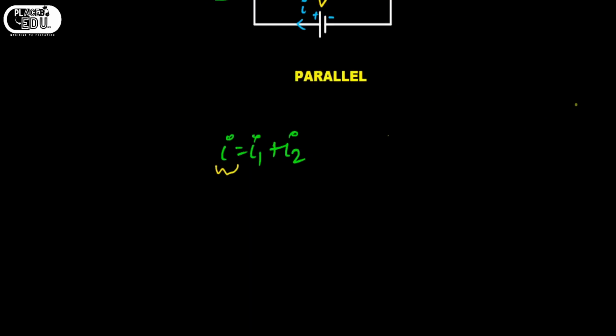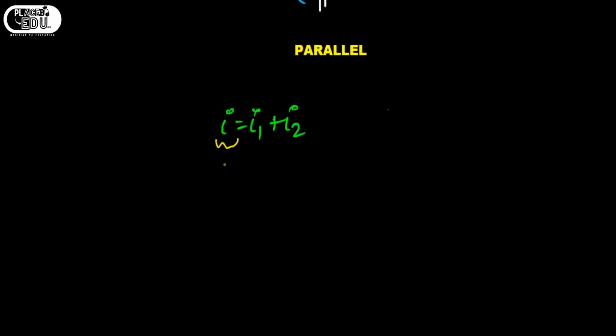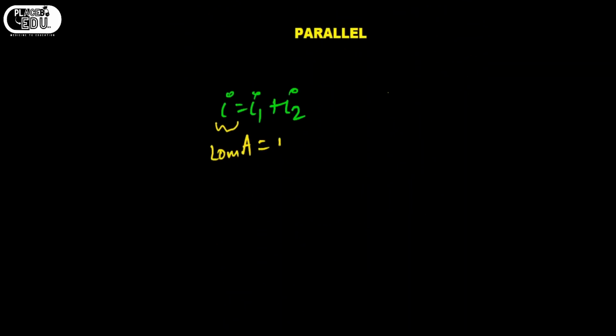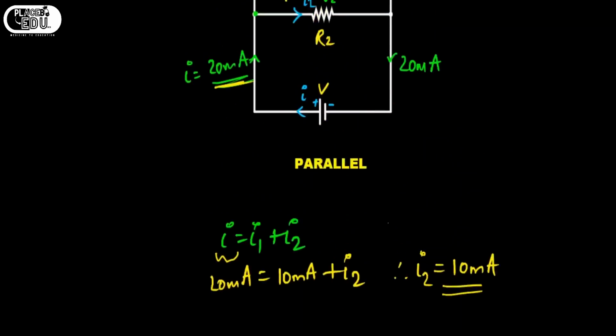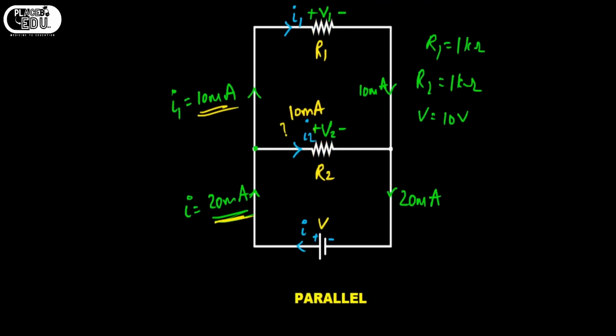I equals 20 milliamps, and I1 is nothing but this one, so I1 is 10 milliamps and I2 we don't know. Therefore I2 is nothing but 10 milliamps. Okay, so we have 10 milliamps here. Understood? This is how we use KCL to find the currents in certain branches. So we got all the currents in branches.